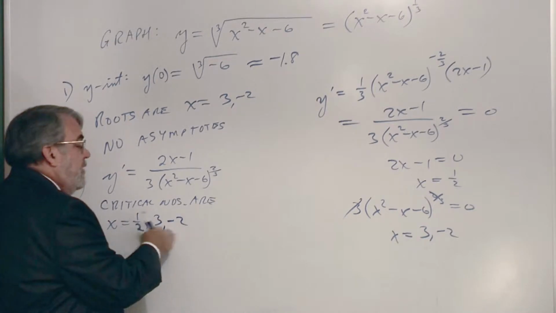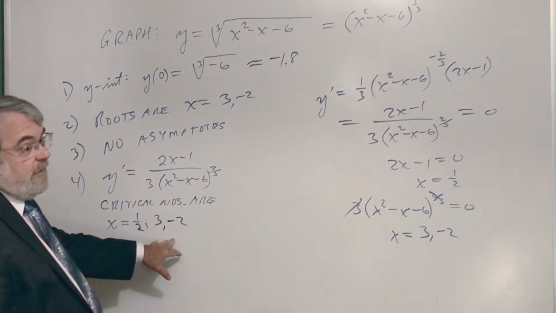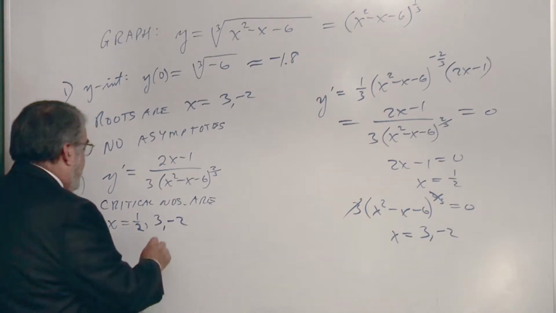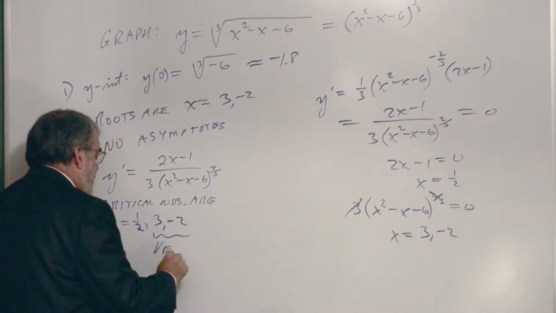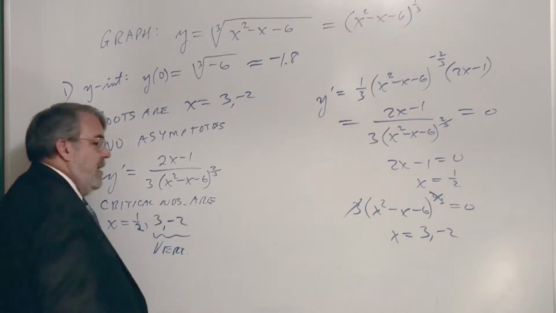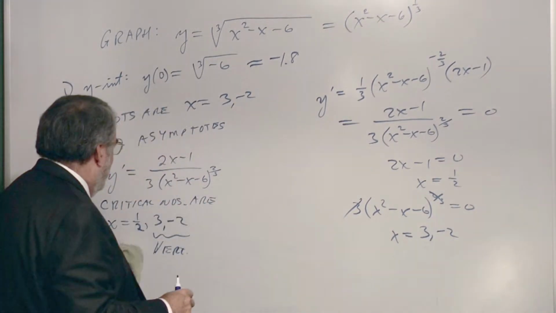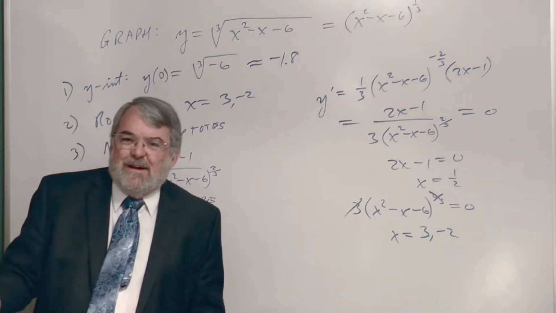So I have 1/2, 3, negative 2. Now here we expect vertical asymptotes. Let me just write that for the moment here. No, not vertical asymptotes. There are no asymptotes. What do we call that? Vertical tangent lines.